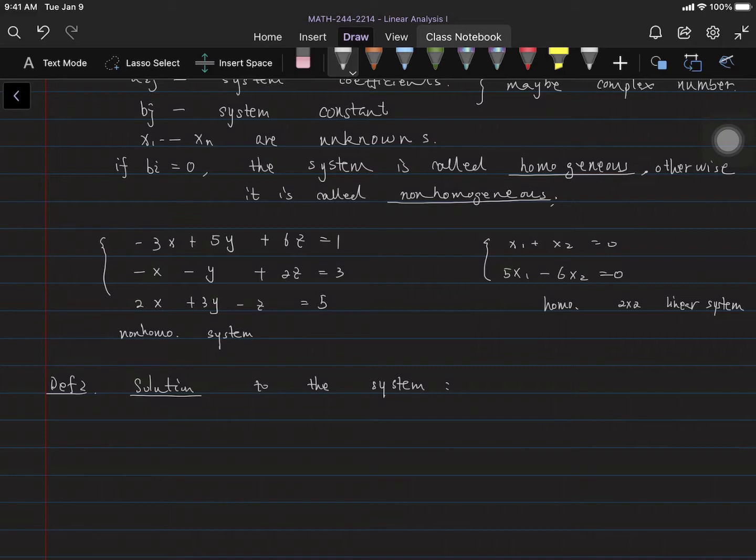A solution means an ordered list of scalars like this, c1, c2, cn, and when we plug those into the linear system, it satisfies the equations.